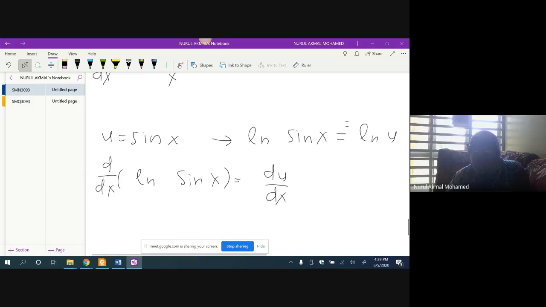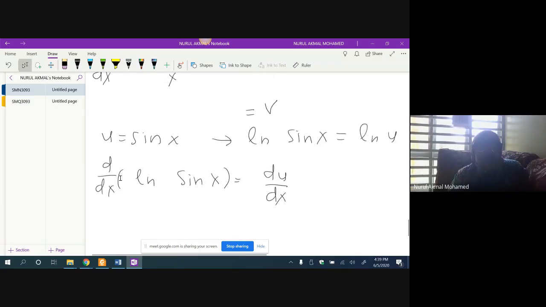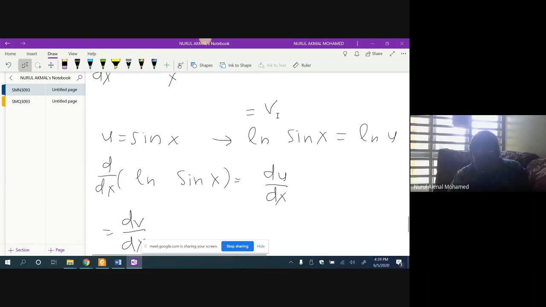So this one, maybe you have to define as a new function v. We want to find the derivative of ln of sine x, which is dv/dx, right?